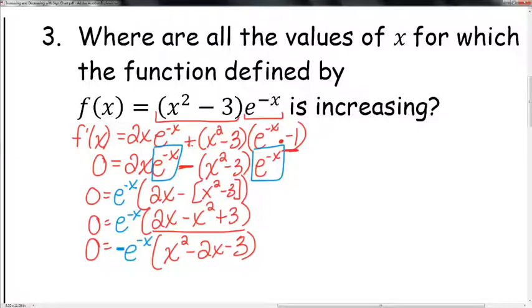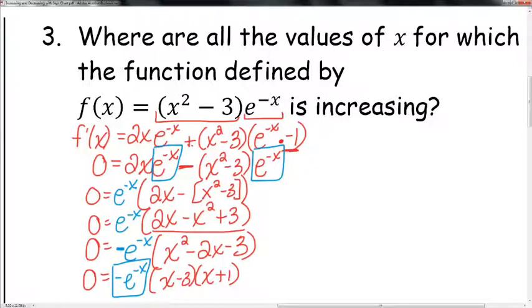And in terms of factoring, we're just going to factor our quadratic. And so this will be x minus 3 times x plus 1. Just so you know, e to the x never crosses the x-axis.